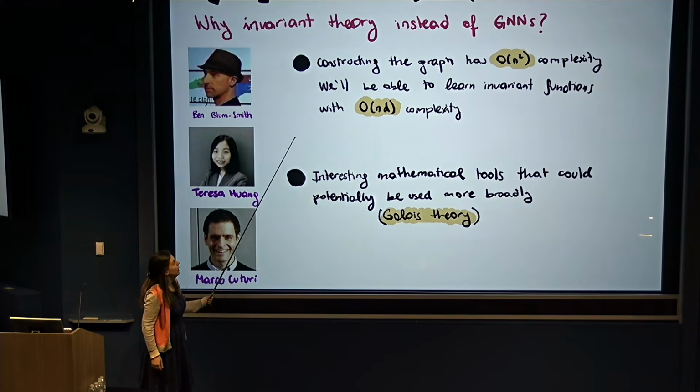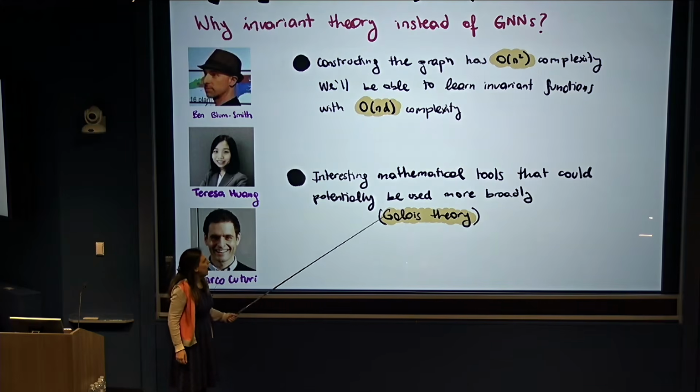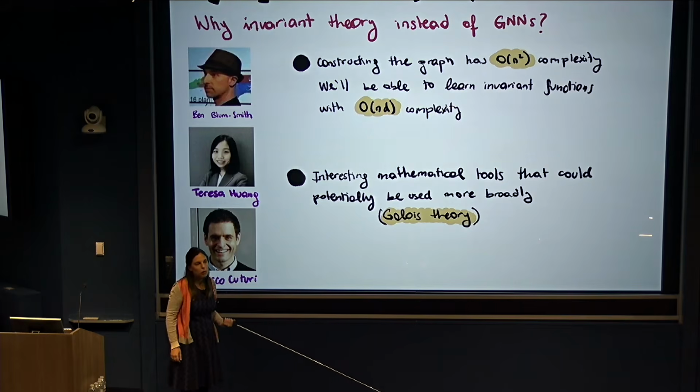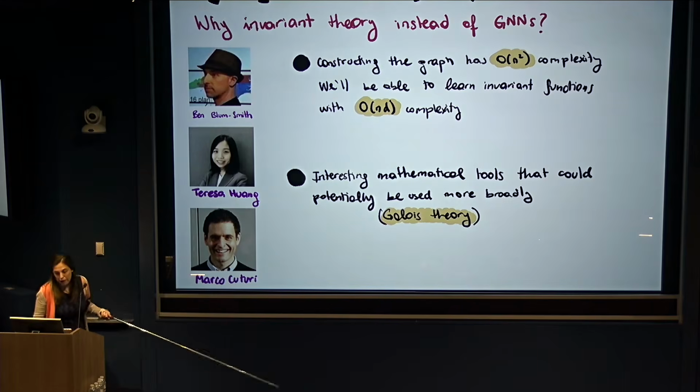We're going to be able to use these ideas from Galois theory and get them to O of n times d complexity. And also, I think that maybe this Galois theory tool that we use here, we can use it more broadly for other problems. I don't know. I think that could be interesting.